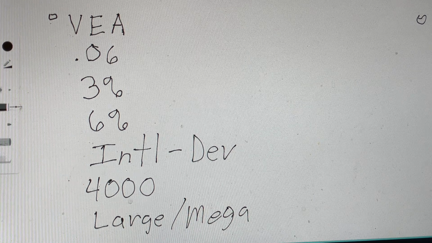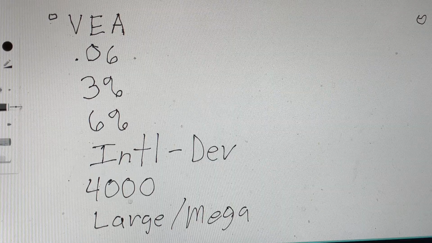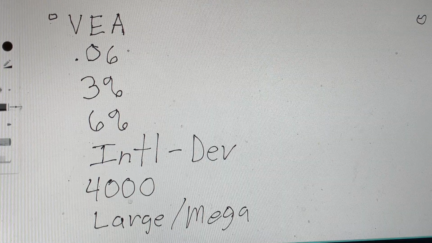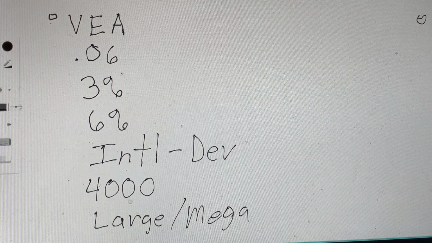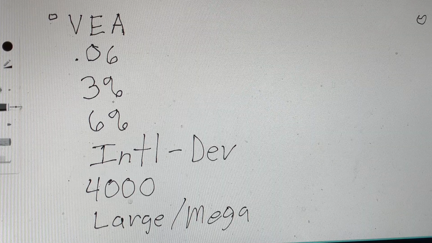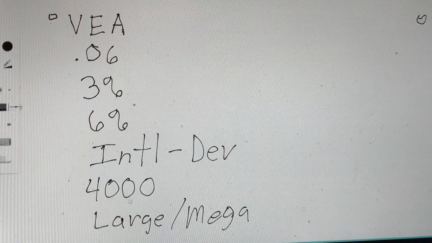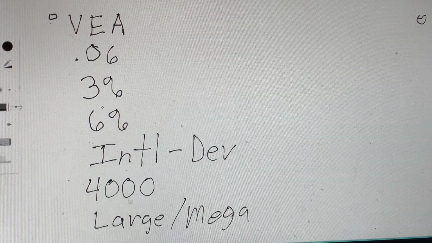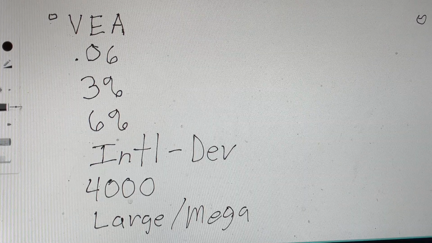So just quick review. VEA, Vanguard ETF, 0.06 of 1% expense ratio, so very cheap expense ratio. Dividend's pretty good too, 3% dividend rate it'll kick out. The 10-year return of VEA is not stellar, but it's close to the average stock return.